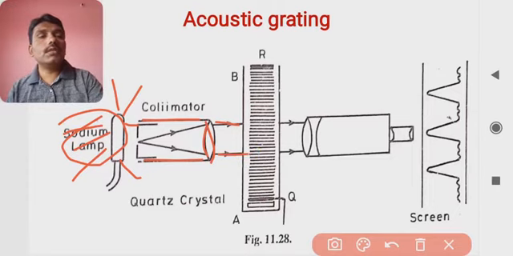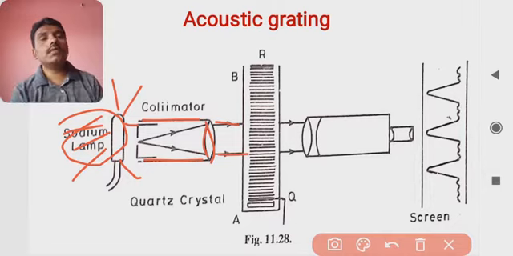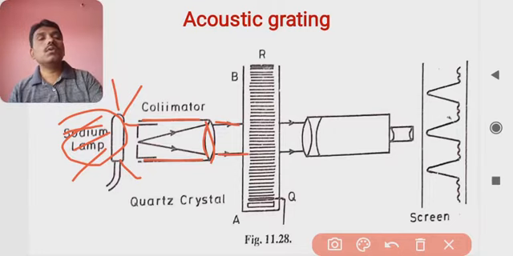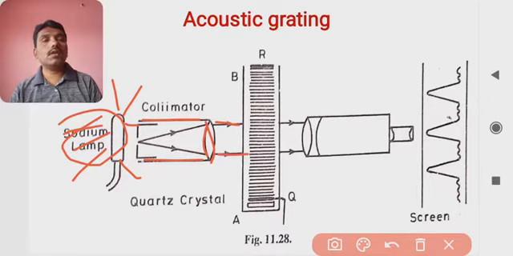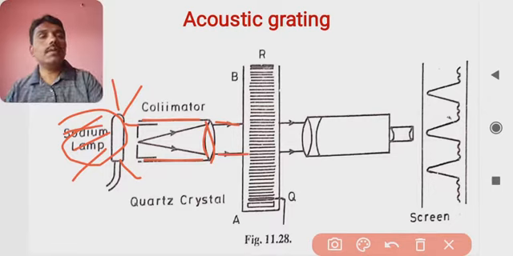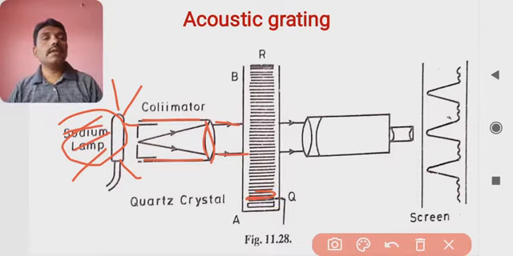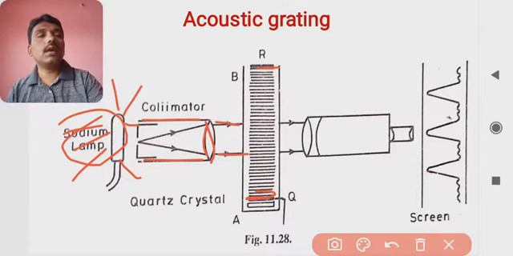In between this there is a resonator tube, a simple tube which has two ends with plates, A and B, and an audio frequency is given to these two plates. In between there is a quartz crystal placed here, and R is called a reflector.